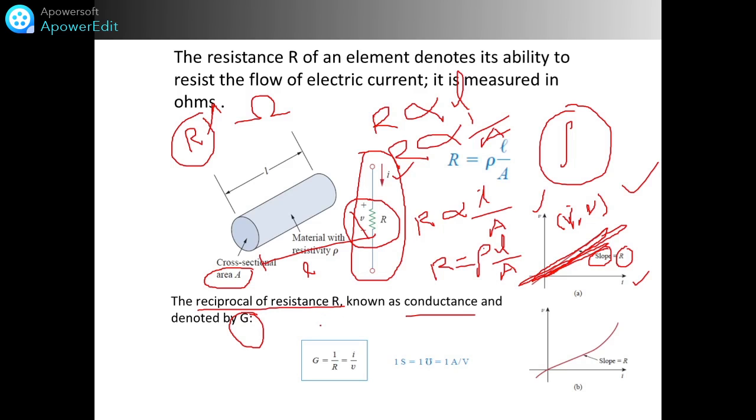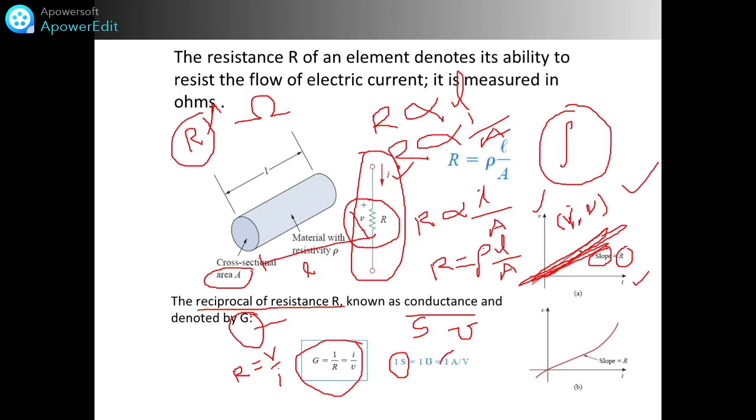The reciprocal of resistance is called conductance, which is denoted with capital G. The mathematical representation is G is equal to 1 by R. We know R is equal to V by I, whereas G is equal to I by V. The basic unit of conductance is the Siemens. The Siemens symbol is like the ohm symbol, but inverted.